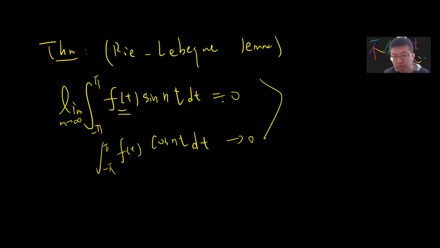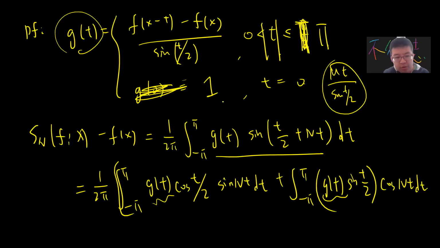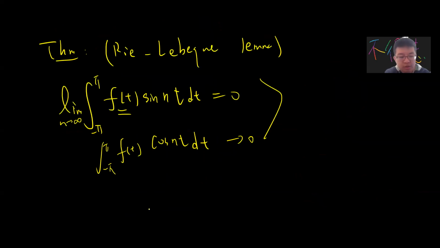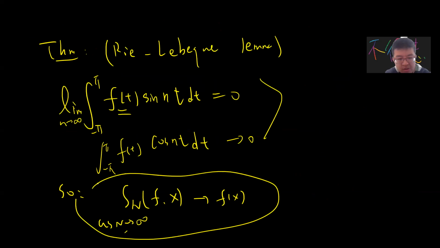So by this theorem, if n goes to infinity, then these two terms go to 0. Okay, so this is the first condition that you can make the Fourier series converge to f(x).